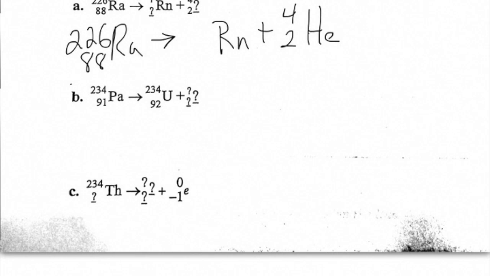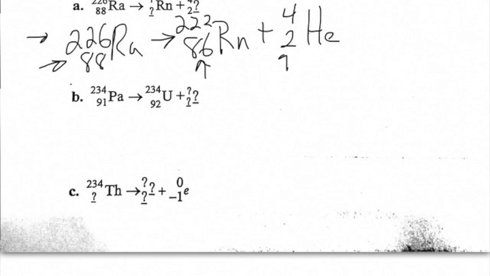That is an alpha particle. The numbers that go with radon are the difference between the 226 and the 4, which would be 222. And on the bottom we have 88 over here, and we have 2 already, so we only need 86 more. So again, remember, the numbers on this side have to add up to the numbers you started with. And sometimes you might need a negative number to make that happen, which we're going to see in another example.